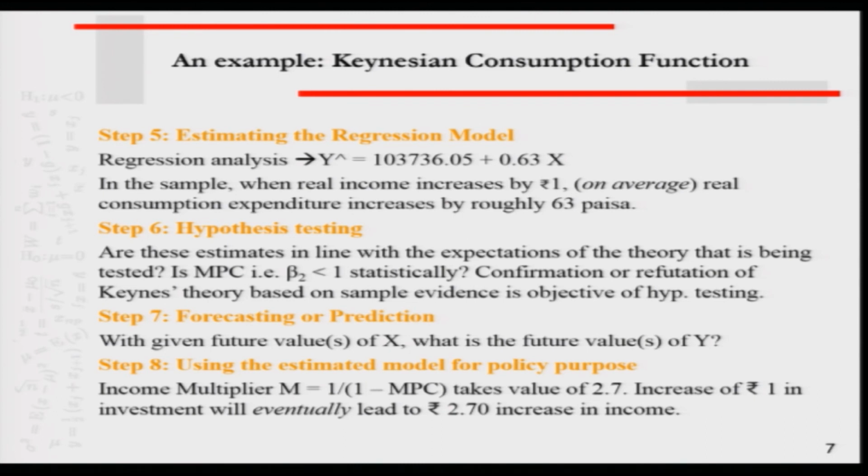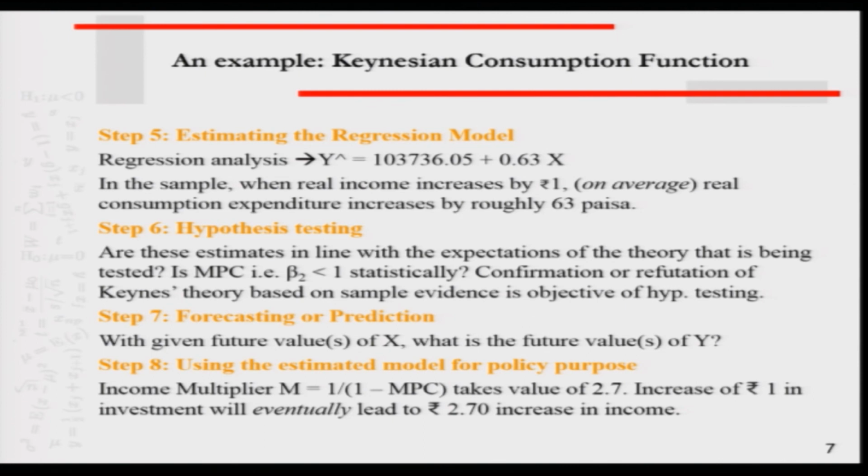One can statistically test whether beta 2 is indeed less than 1, because our theory says that as income increases, consumption expenditure increases, but not by the same amount, so it has to be less. The confirmation or refutation of Keynes's theory based on the sample evidence is the objective of the hypothesis testing procedure.